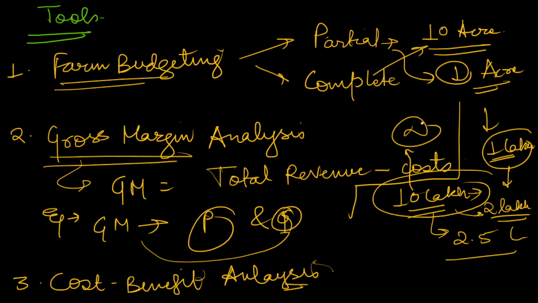So I'm just giving you an example. Although a farmer with 1 lakh income will never buy a 10 lakh tractor, just to understand, let's make it 2 lakh, and the income 4 lakhs. So for that year, although the income was just 4 lakhs, our cost due to tractor purchasing became higher, but in future we are going to get a lot of benefit. So that is what cost benefit analysis is.